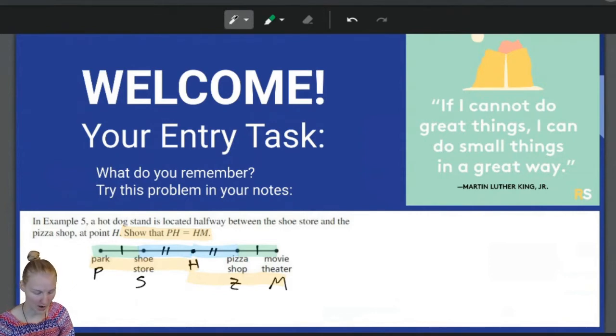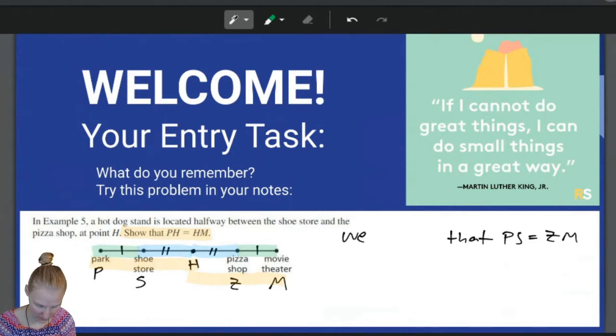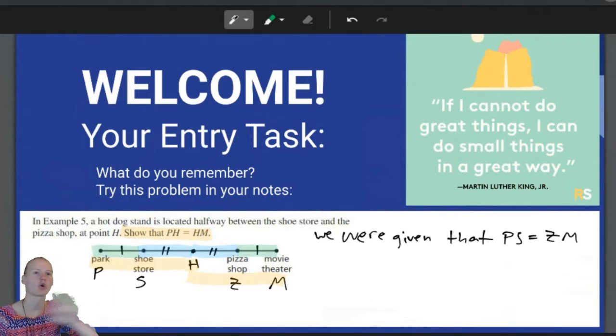So, let's see. I'm going to start off. I'm going to leave the greens and the blues here because this helps me. And I'm going to start off by saying, we know that PS is equal to ZM. We were told that. We were given that PS equals ZM. They told us that from the get-go.